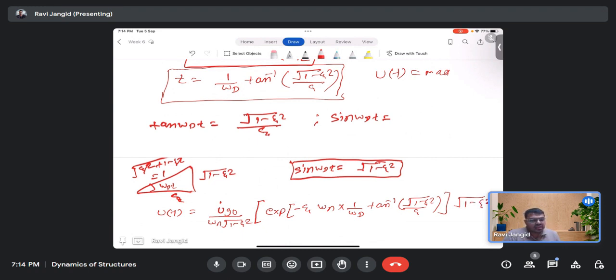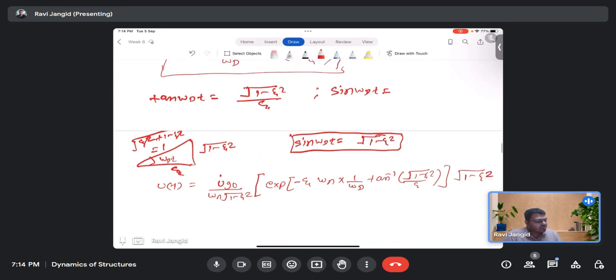Further I can simplify it. What can I write as omega_n? Omega_d by square root of 1 minus xi square.